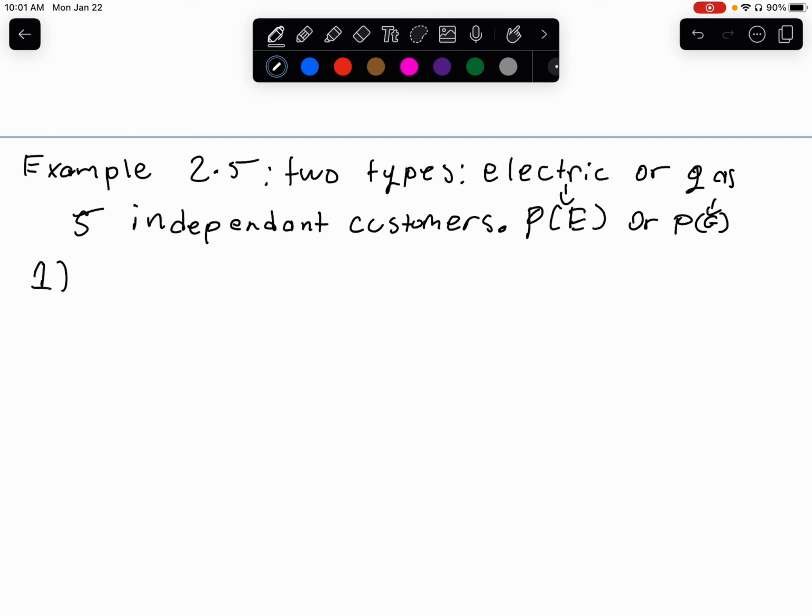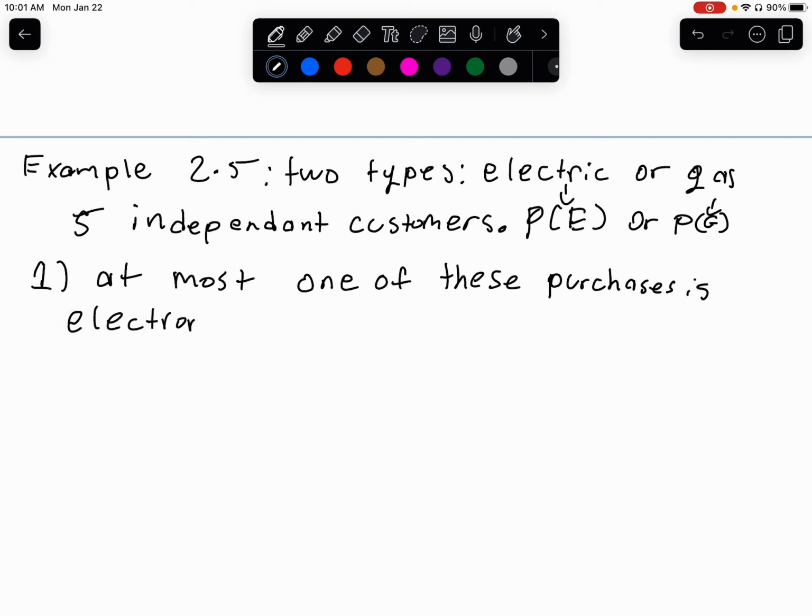What is the probability that at most one of these purchases is electric? Let's say it is 0.428.